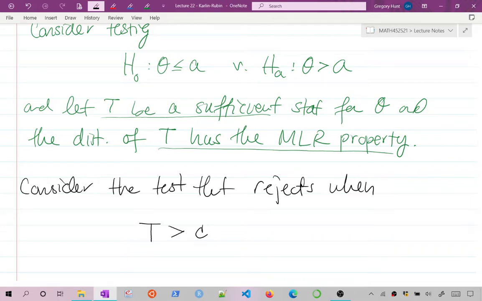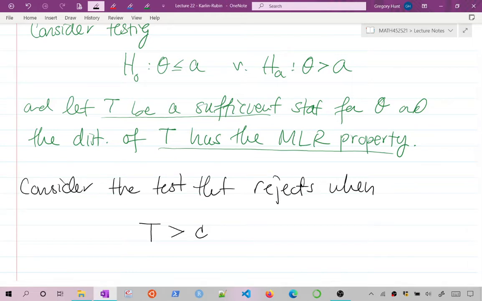Now, if it turns out your sufficient statistic is decreasing, not increasing, so it's monotone decreasing as a function of X, it has like the anti-MLR property. You can always just take negative T and then flip things around. So it's not a huge deal. Because you can find a sufficient statistic that's monotone, either increasing or decreasing, you can always make it increasing. So we state it in terms of increasing because that's easiest. The idea is that we have the sufficient statistic, it's monotone, it has a monotone likelihood ratio property.